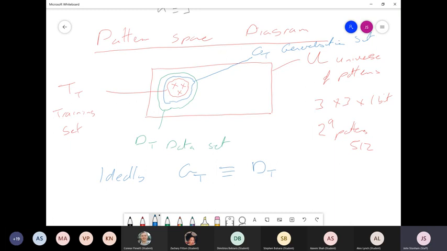Now, this behavior is cluster-based. In training, we grow clusters which try and match the data set. The training set gives rise to a generalization set. If that matches the data set, boom, we've solved the problem.